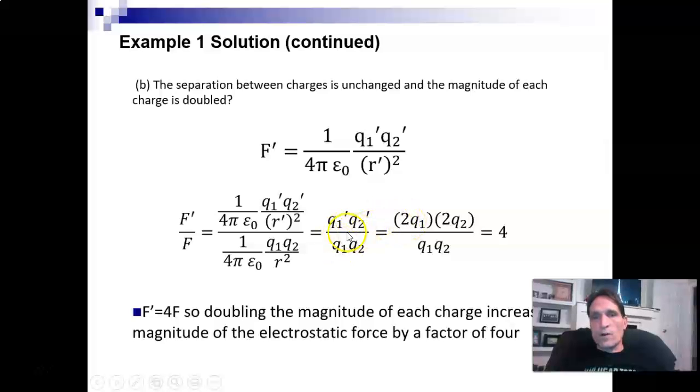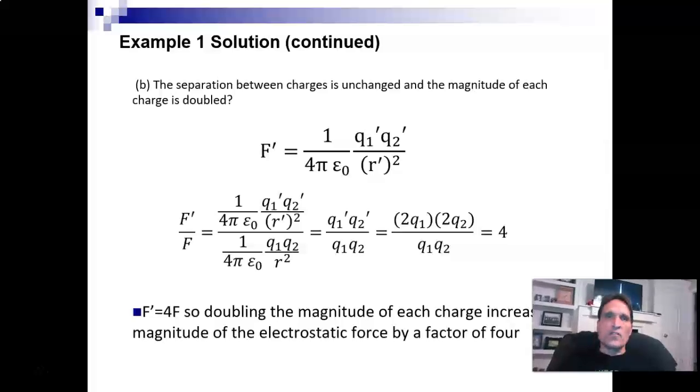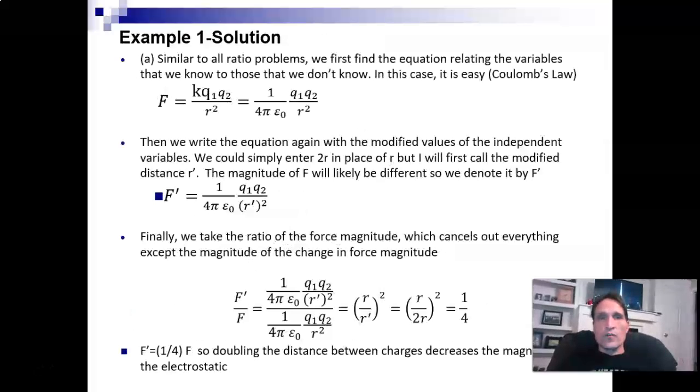And now if we put Q1 goes to 2Q1 and Q2 goes to 2Q2, we see that if we double the magnitude of each charge, the force will be 4 times greater than it was originally. So putting more charge on the bodies increases the force. And so you should be able to do these ratio types of problems using Coulomb's law.